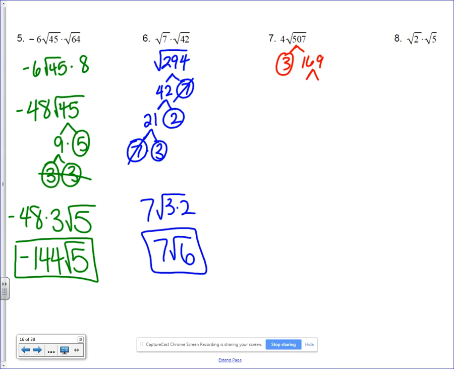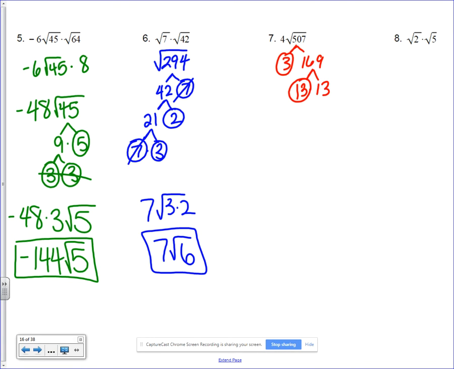That number should ring a bell to you. Not 13 and 2, it's 13 times 13.